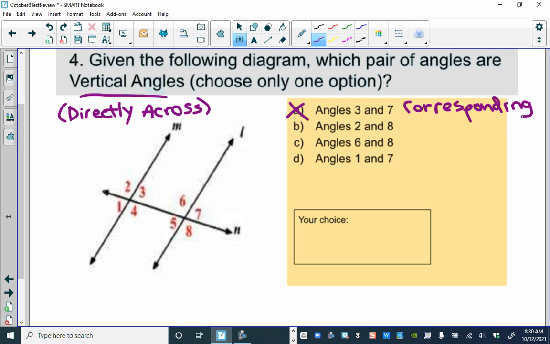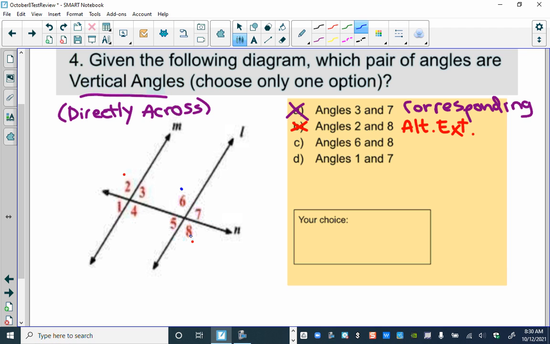What about 2 and 8? There's 2, there's 8. What type of angles do we have there? Alternate exterior, so that's not going to work. What about 6 and 8? Would 6 and 8 be an example of verticals?